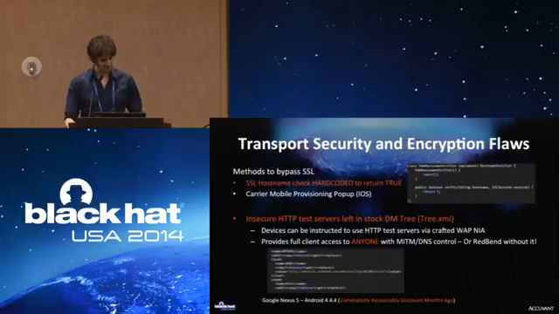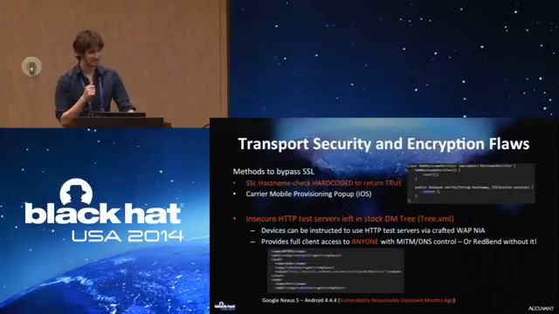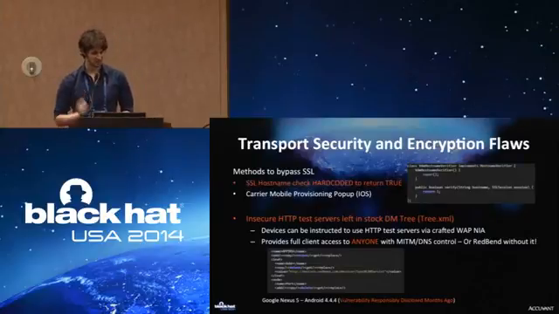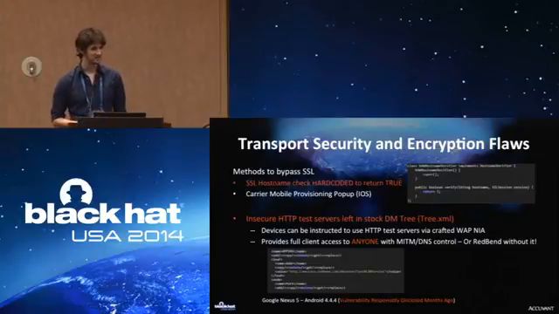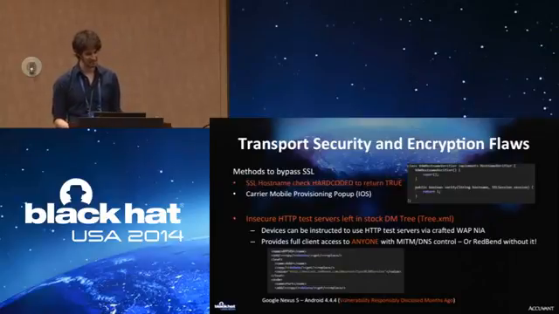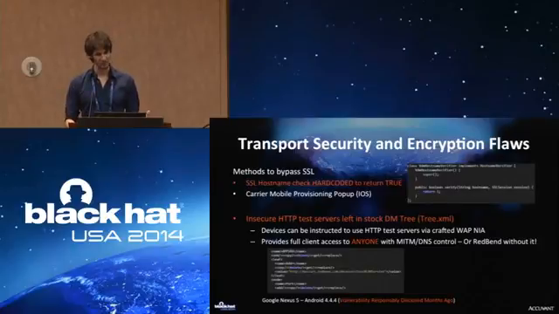In addition to that, they have an insecure HTTP test server left in their DM tree, which is one of the configuration files they use. If you just see that in a file, you say, so they just left the test server, and there are no worries with that. The problem is the protocol is designed so that by sending a WAP message, a WAP NIA, to a device, you can make it choose a certain network.